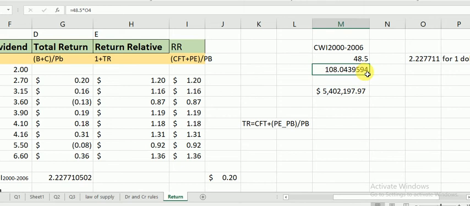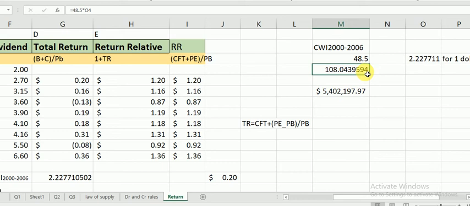Simply we can say 108.05. This will be the value after 6 years. And it means the cumulative wealth index of the 48.5 after 6 years will be 108.